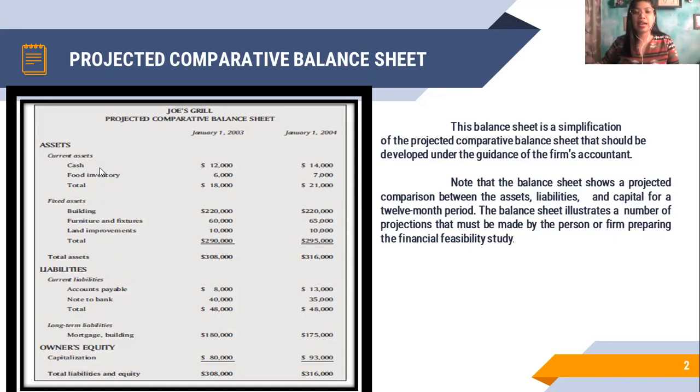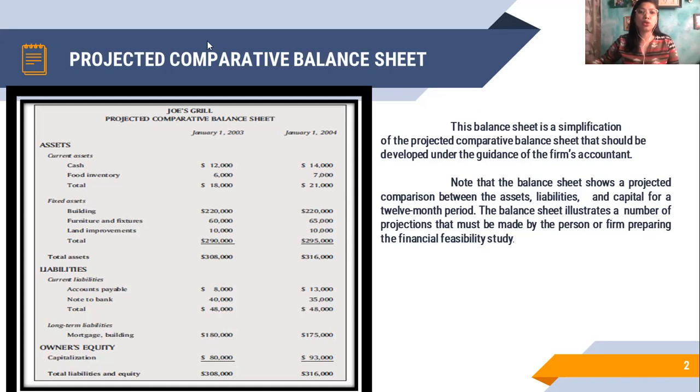You have the current assets, and you search for the actual restaurant operation. And then you can just add or deduct amounts based on the research and based on your survey, your projected sales that may derive from the previous discussion, the calculation of projected sales.